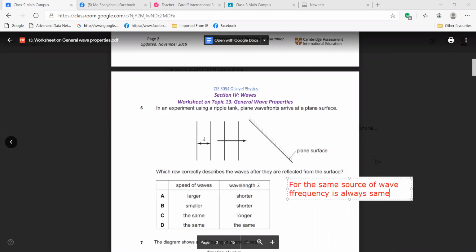Okay, this information is new for you, that for the same source of wave frequency is always same.